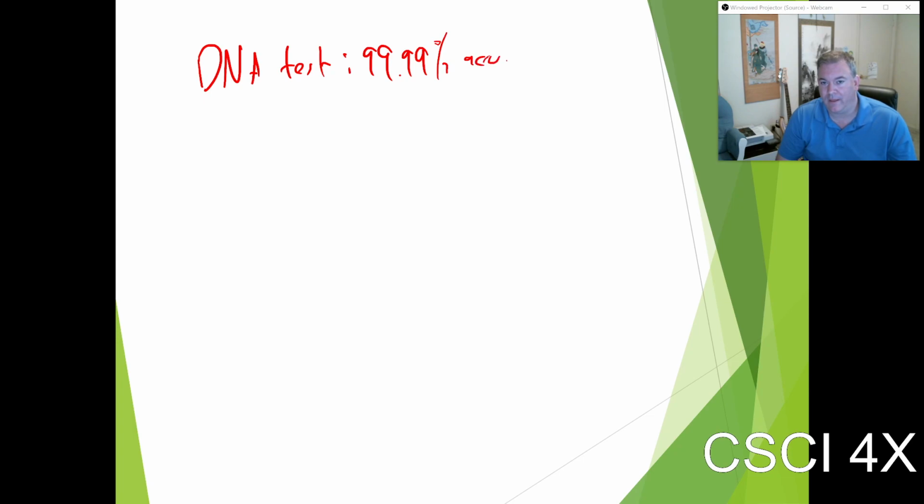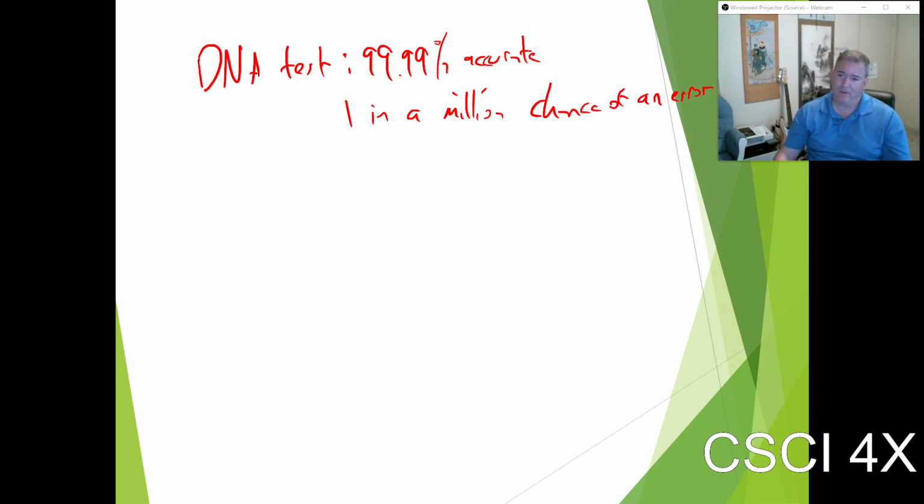So let's say there's a DNA test, and it is like 99.99 whatever percent accurate. 1 in a million chance of an error. However many nines you need there to make it 1 out of a million. It's an incredibly accurate test.